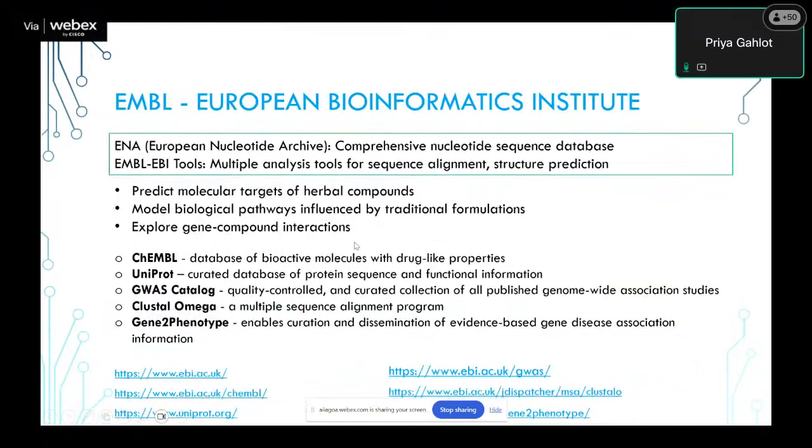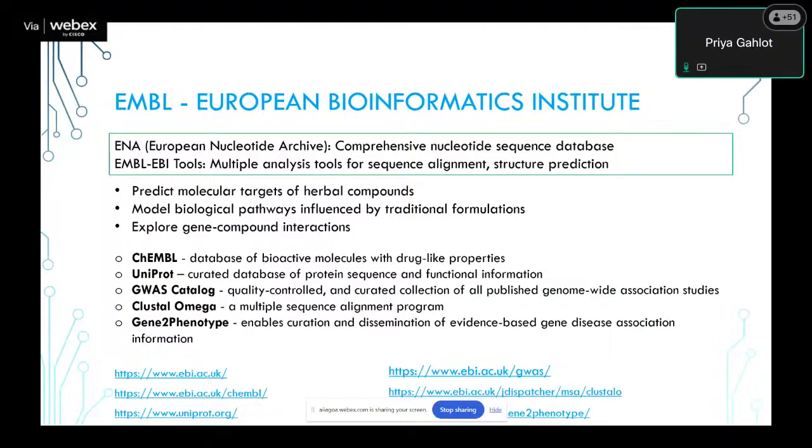So just to give you a glimpse, ChEMBL is for bioactive molecules, all the chemicals. If you want to search for any chemical, like for a particular plant, you will be required to search certain bioactive molecules which are linked to that particular plant.